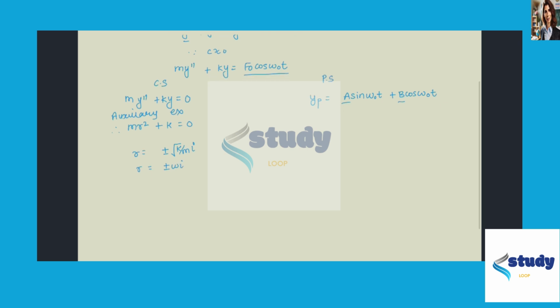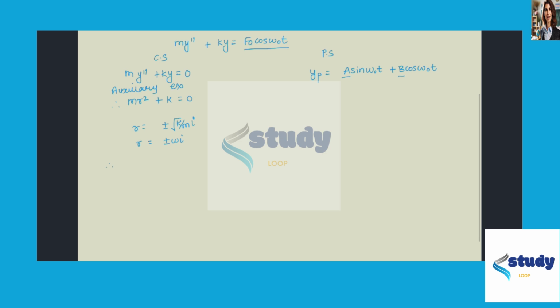Therefore, the complementary solution is y equals c1 cos omega t plus c2 sin omega t.